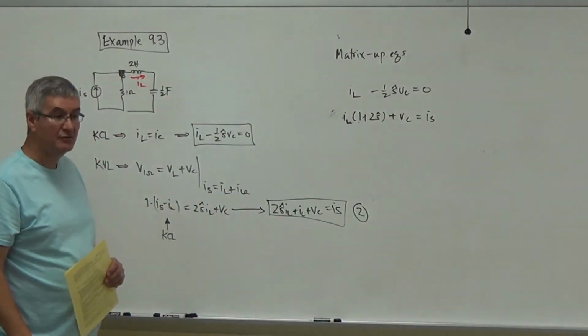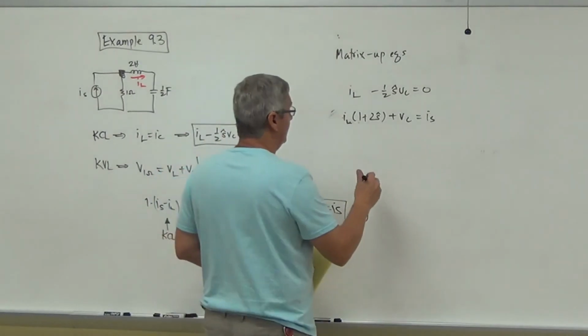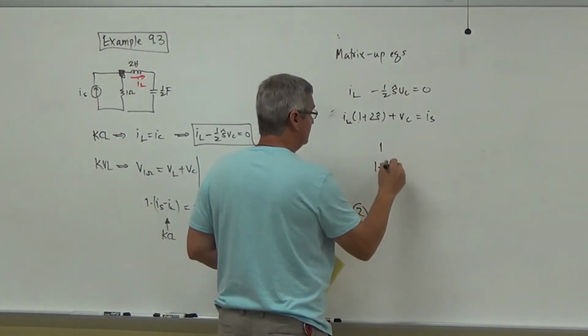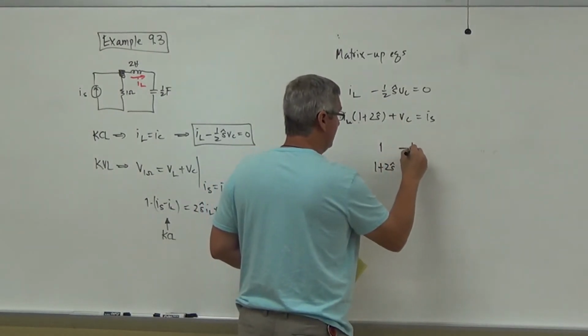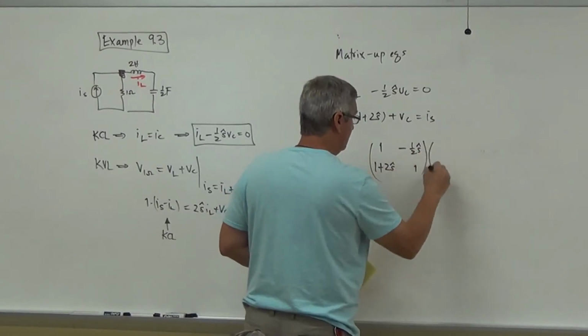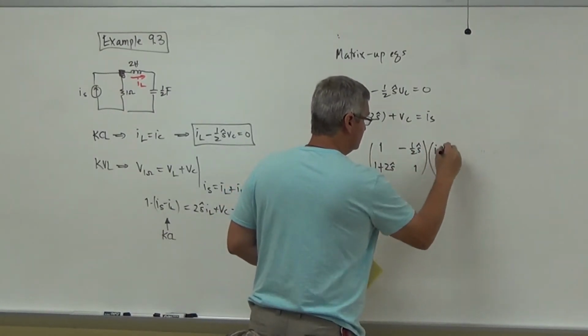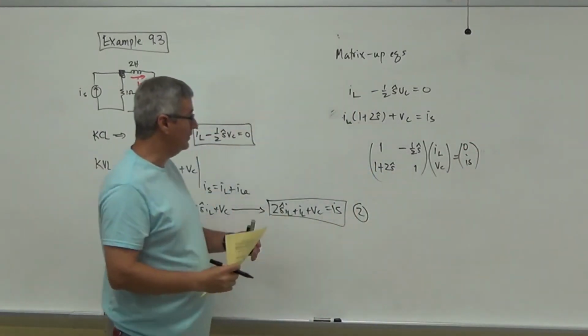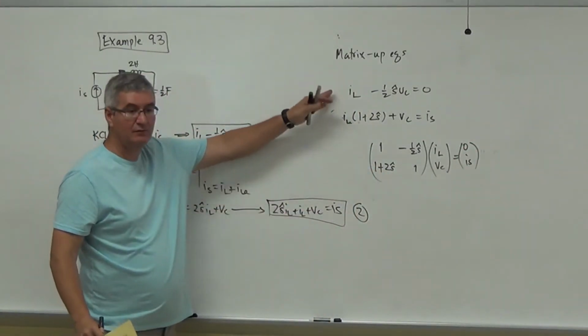So if I write a matrix for this, it should be 1 plus 2 S hat, then minus 1/2 S hat, and then 1, times IL, BC, equals 0, I source. Could I have written this equation first and then that one second? Yes.